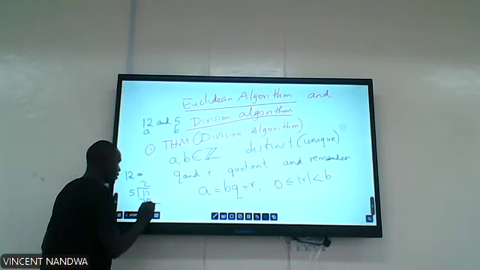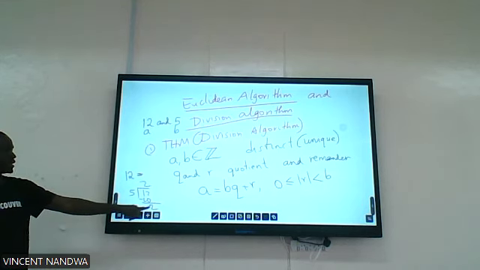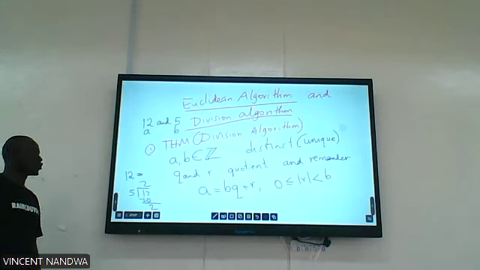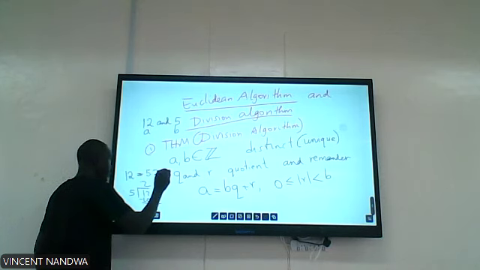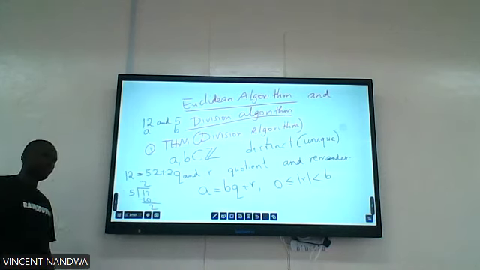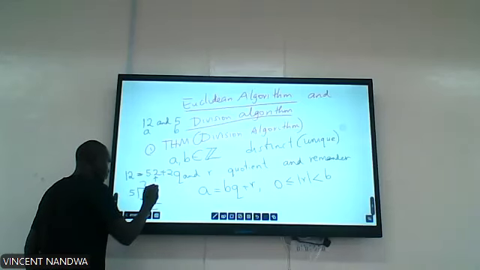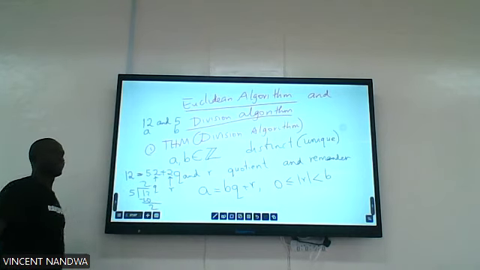So the difference, I get 2. So this number is less than the divisor, so it becomes our remainder. So we'll have this as 5 times 2, then plus 2. So this is our quotient, and this is our remainder.